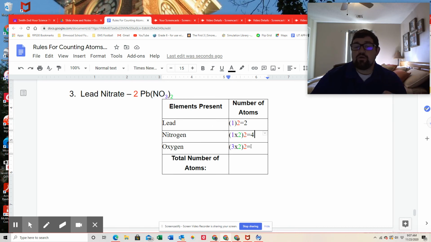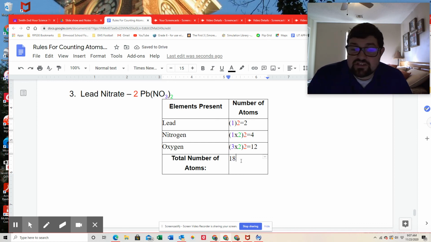So I would have 6 times 2 is 12. 12 oxygen. So I have 2 lead, 4 nitrogen, 12 oxygen, and then I add those together and I would get 18 total elements.